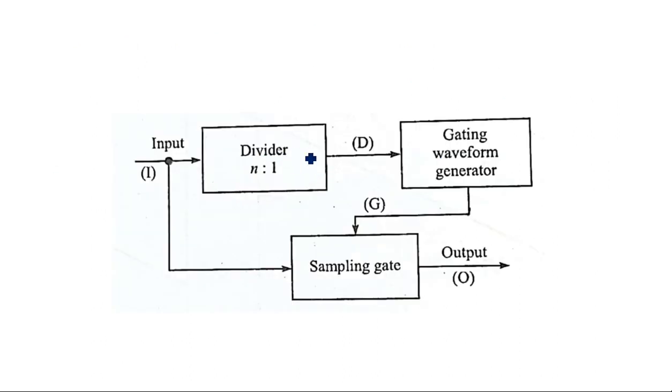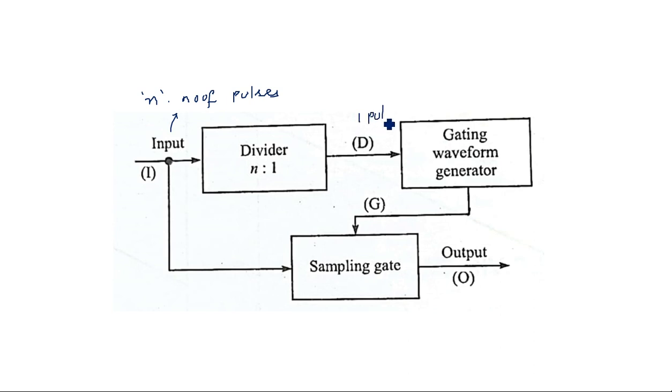See here, it is a divider. What is the purpose of the divider? In this divider, we are giving n number of pulses at the input. Out of these n number of pulses, one pulse will be chosen.